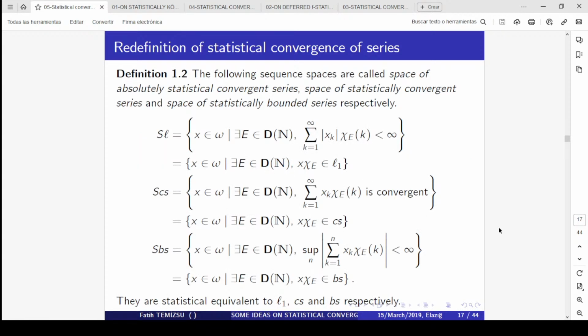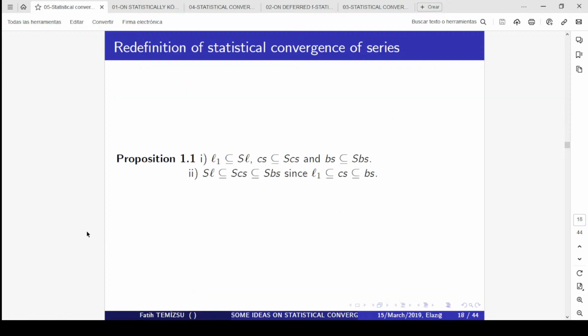So by the revision of the original definition, we come up with a couple of new subsets of sequences, which will be called the statistical absolutely convergent series, the statistical convergent series, and statistical bounded series. We give a couple of propositions here.